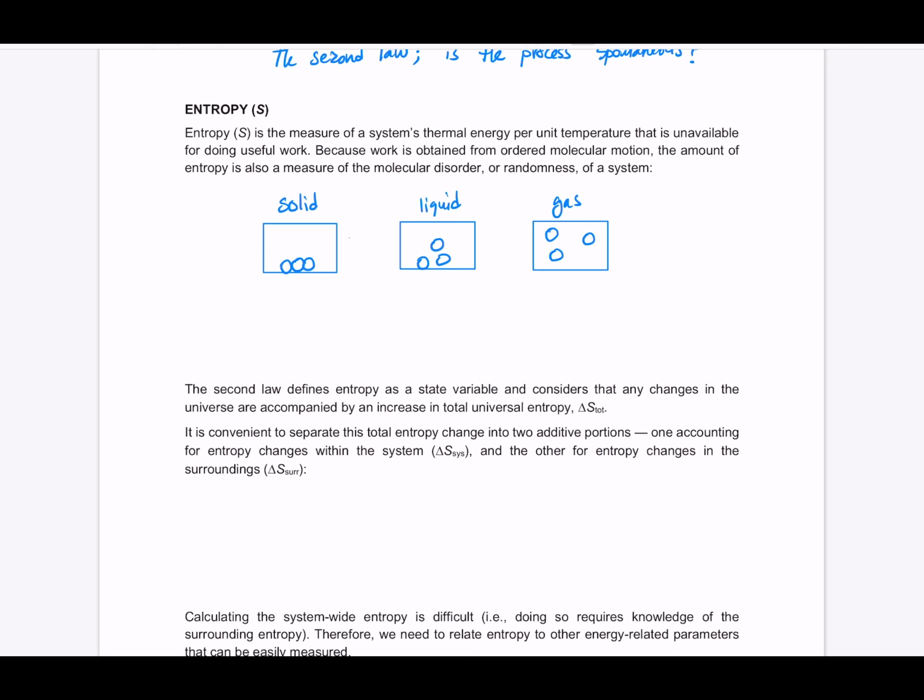So going from solid to liquid, we're increasing the entropy. Going backward, obviously, decreasing the entropy. The same thing here, as we go from solid to gas, we're increasing entropy, or disorder.